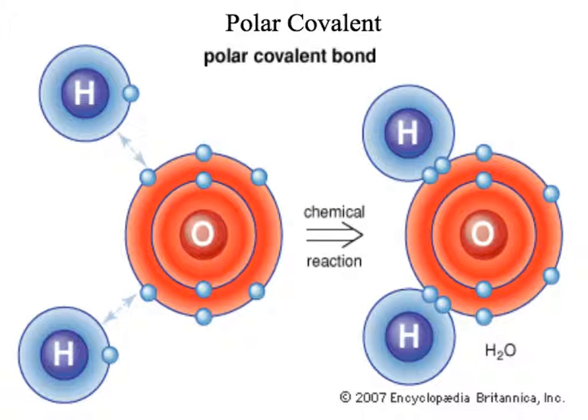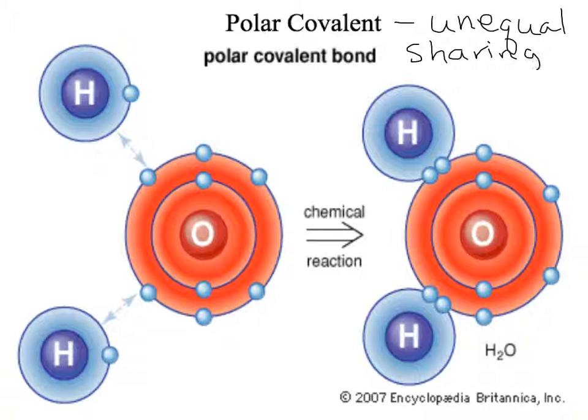Covalent bonds. Now with covalent bonds, we have something that's called polar covalent. And polar covalent bonds are an unequal sharing of electrons, where hydrogen doesn't want as much of its electron as oxygen does. Oxygen wants to keep more of its electrons. It's more electronegative. It really, really, really wants those electrons.